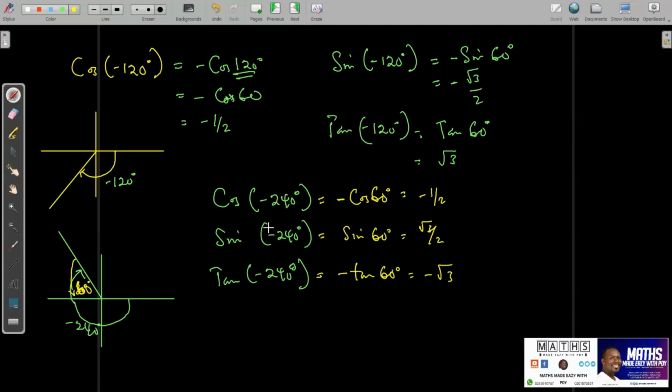So perhaps to clear any form of doubt, watch carefully. I have an angle here in the first quadrant. Please watch and follow carefully. I don't like cheap passes. I want understanding, so that I score well.